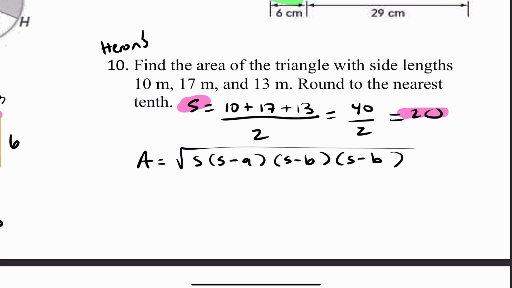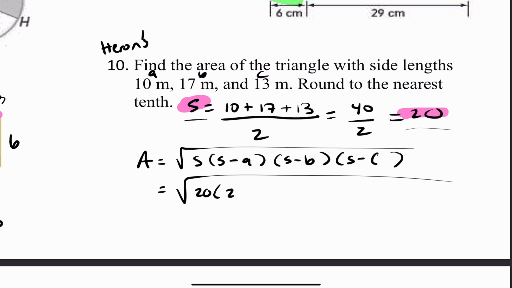Oh, no, not B, C value. All right, so let's go ahead and call this A, B, C. We know the semi-perimeter, that's 20. So I have the square root of 20 times the quantity of 20 minus 10 times the quantity of 20 minus 17 times the quantity of 20 minus 13.